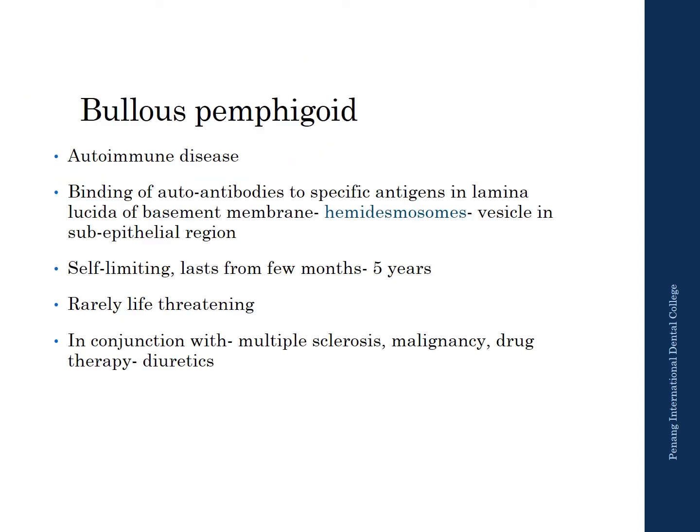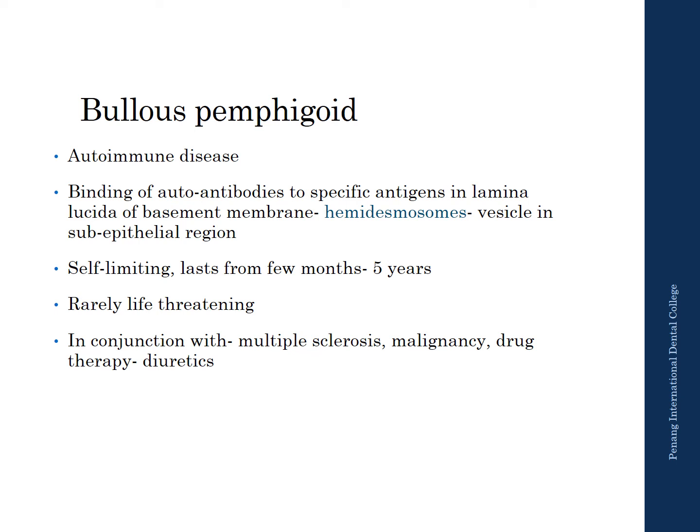Let's move on to bullous pemphigoid, which is also an autoimmune disease. The binding of autoantibodies to specific antigens in the lamina lucida of the basement membrane causes this disease. Generally the hemidesmosomes are involved, and vesicles are seen in the subepithelial region of the epithelium.